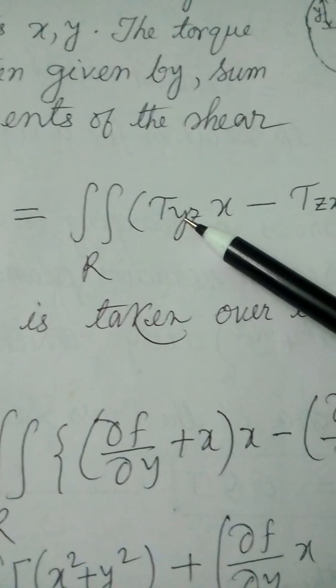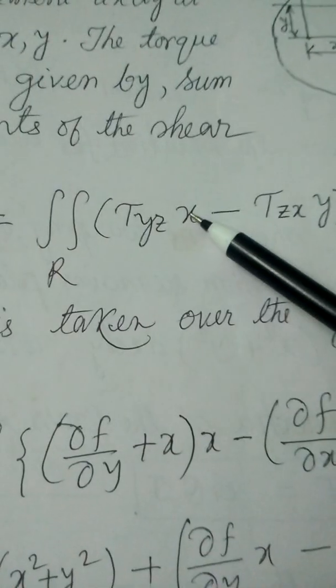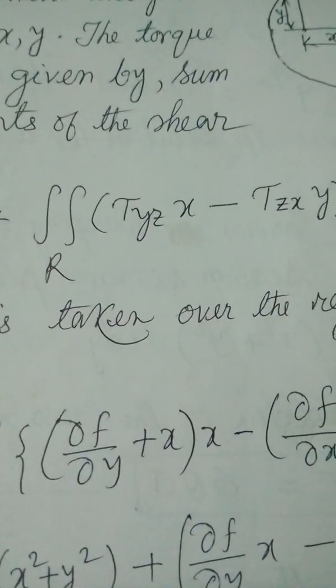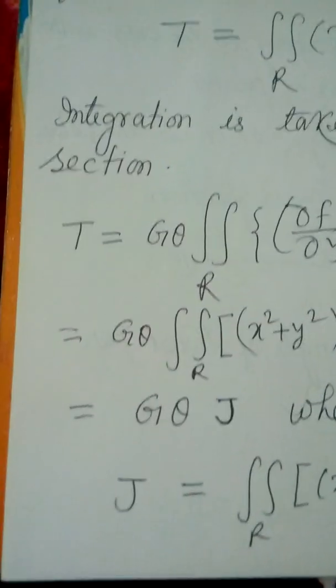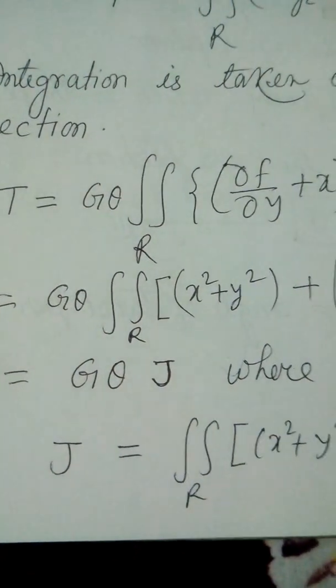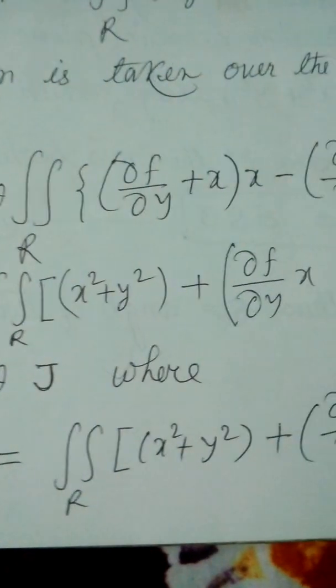Stress into area will be the force. This is the area, and multiply by x, this is the torque. Similarly this one. And nothing else, which is what we are substituting.